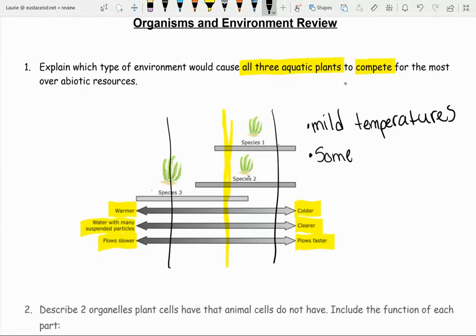Some particles in the water. And then finally, it's not slow water, it's not fast water, so we might say our water flows at medium speed.